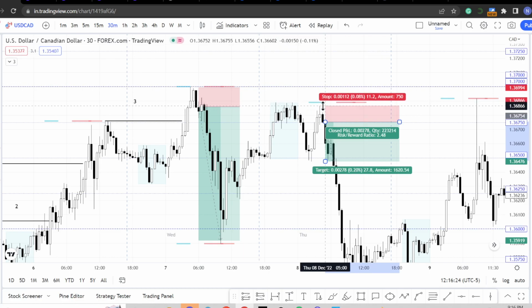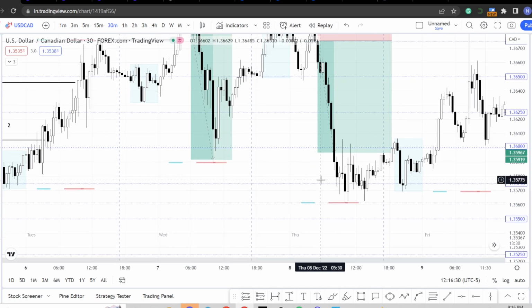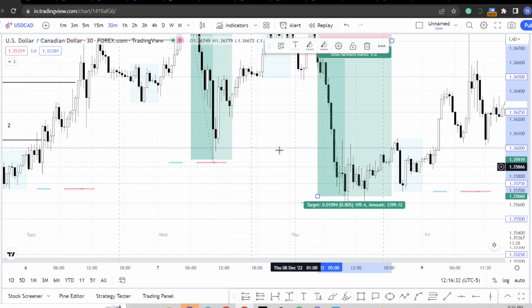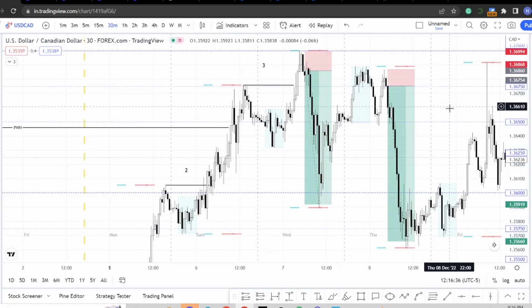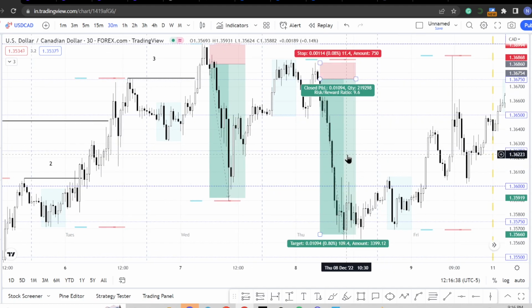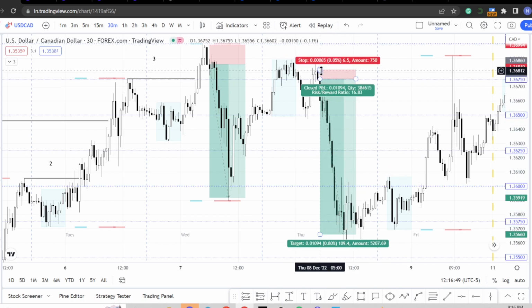Okay, like this. Then here was the sell. Another beautiful trade. As you can see, a 1 to 29, a 1 to 29.